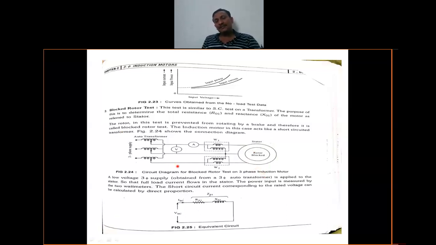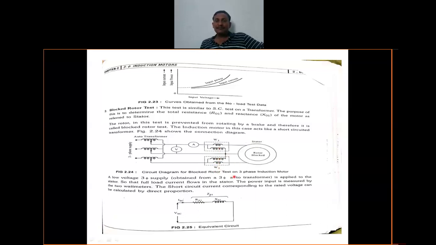In this experiment, similar to the transformer, in a transformer the LV side is short circuited, and meters are connected to the HV side.